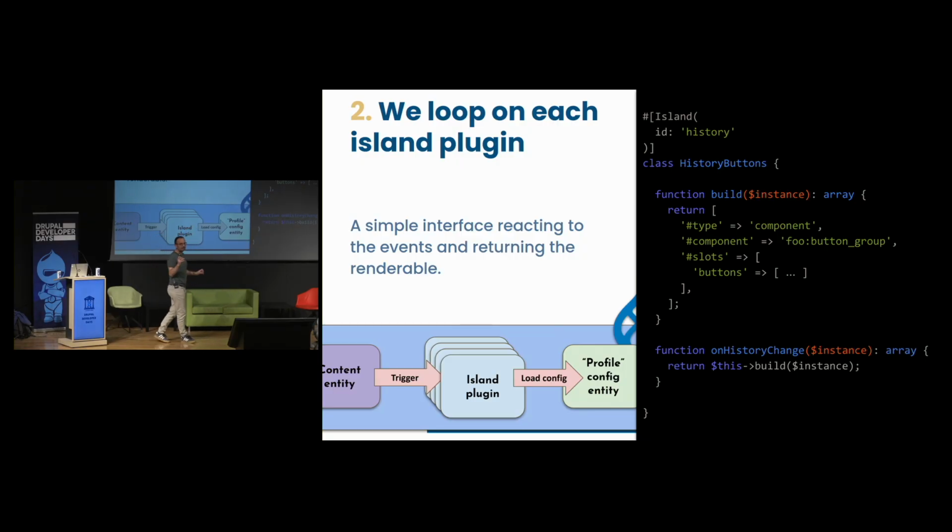And they have a helper method, one method for each event. It's just a helper. You can manage events manually if you want. That means this history button will rebuild itself every time there is a change in the history. Revision, revision delete, revision add, undo, redo, all this stuff.